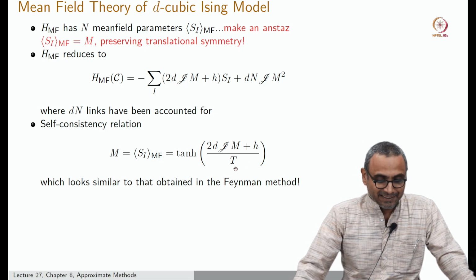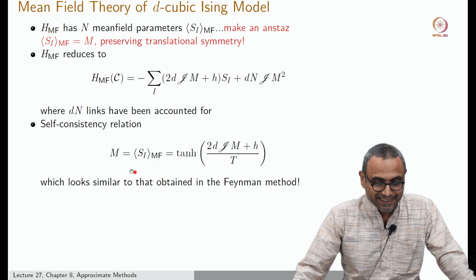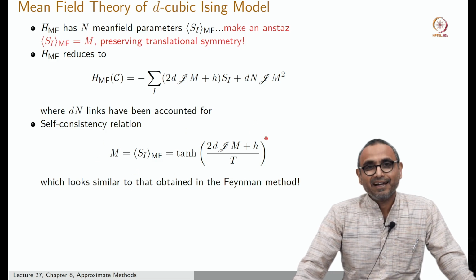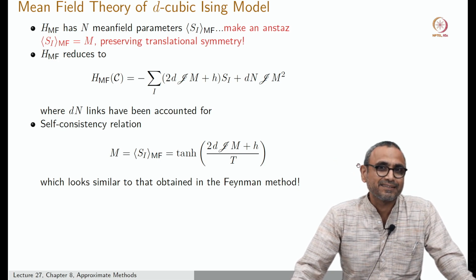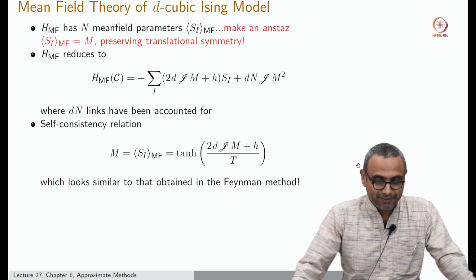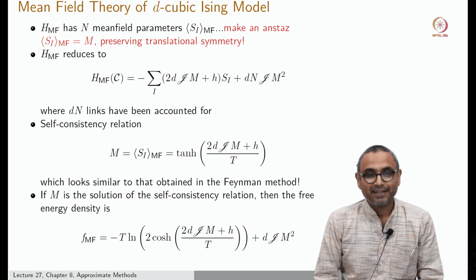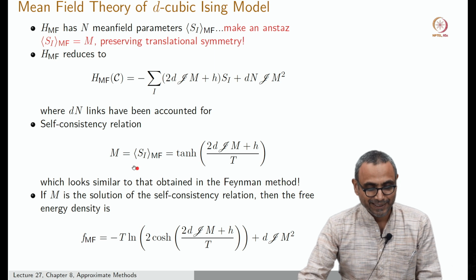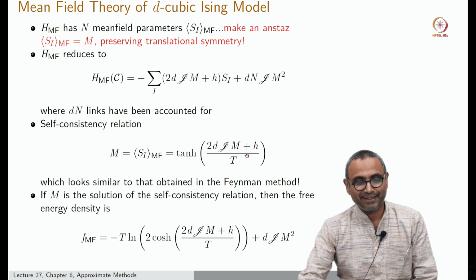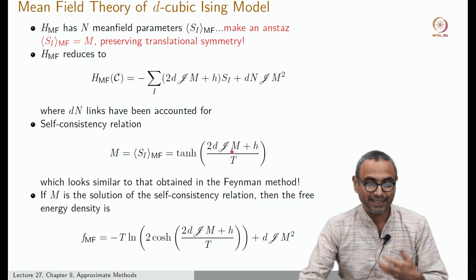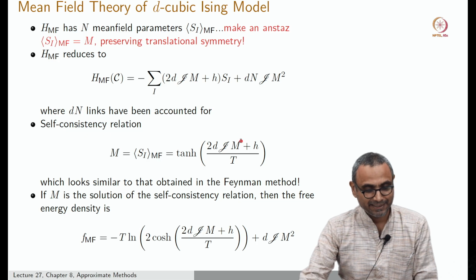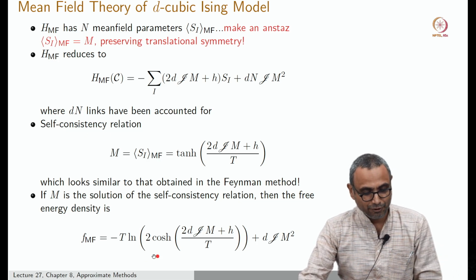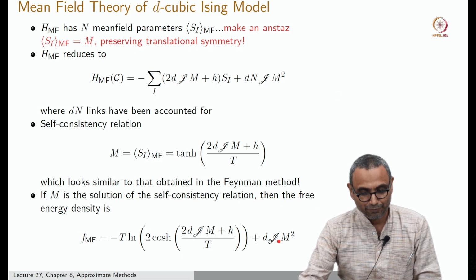So this is a very nice result, in the sense that we have now extracted the self-consistency relation, and mind you, this looks exactly like what we found in the Feynman variational method. Suppose I solve this equation, I will find some value of m which satisfies the self-consistency condition, and if I take that value of m and put it in this expression for the free energy, then I will get a free energy density.